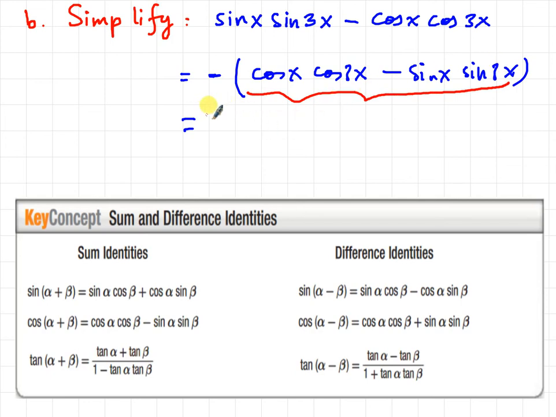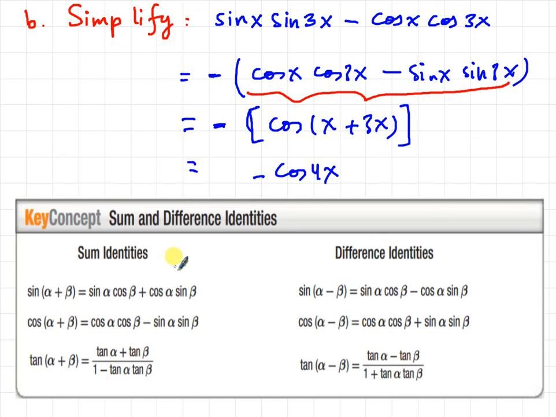This one here is the cosine a plus b. So minus cosine a plus b. A is x and b is 3x. Cosine x plus 3x is, we can add those variables. We have cosine 4x and the minus sign. Okay, and this is the simplified version of this long expression.